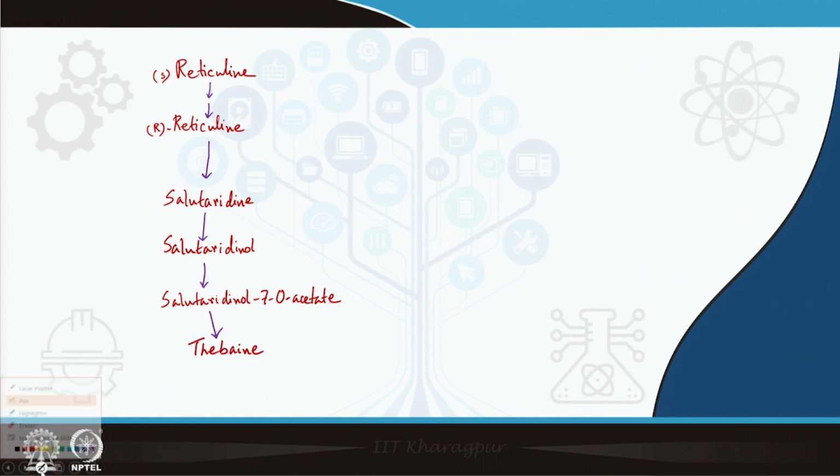So here, the activities of two enzymes are very important. One is SAL-R, which converts salutaridine to salutaridinol. So this is salutaridine reductase, and the second one is SAL-AT, which is salutaridinol acetyltransferase, leading to the formation of salutaridinol 7-acetate.